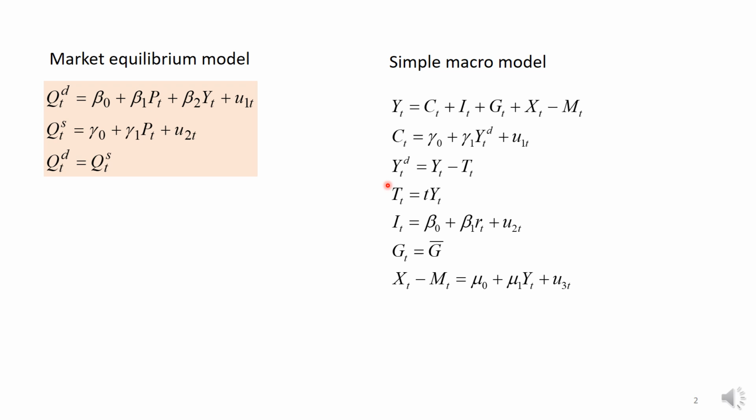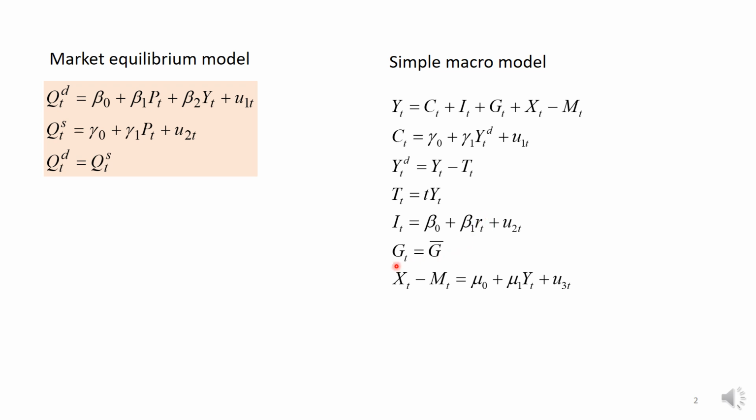Disposable income is your income minus the tax that you pay, and the tax is just a proportion of your income. The investment is dependent on the rate of returns.